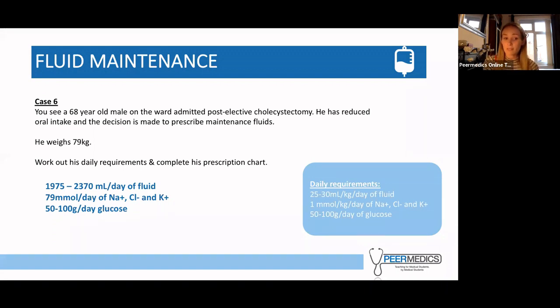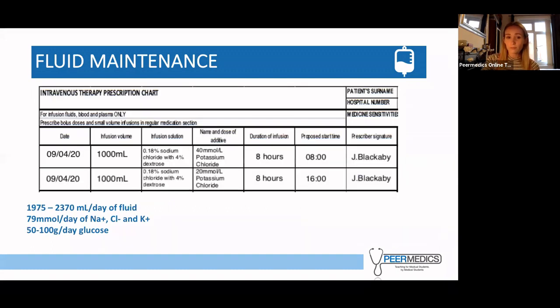He'd be needing around 79 millimoles of sodium chloride and potassium, and 50 to 100 grams per day of glucose. So the way that we'd write this up is using 0.18% sodium chloride with 4% dextrose. So does anyone know why we use this rather than 0.9% saline?